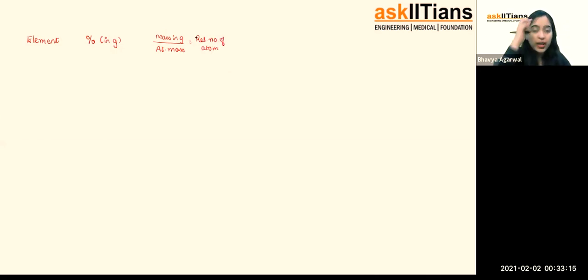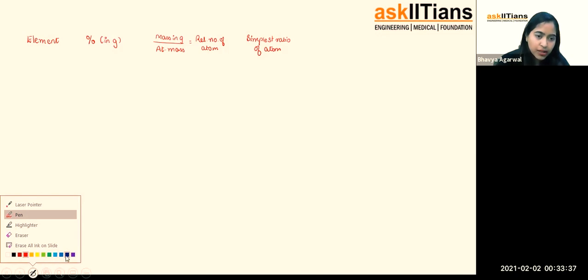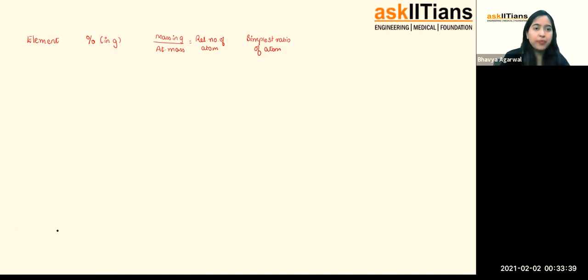Now, we get the simplest ratio of atoms, and that we get by using the relative numbers and dividing them by the smallest relative number, right? So let's use this part here.